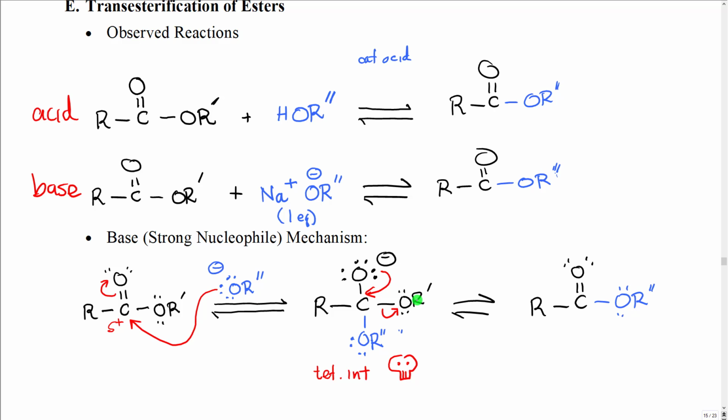So sometimes OR' would be pushed out, sometimes OR'' would be pushed out. In fact, probably what we're going to need to do is put in something to encourage the equilibrium to shift to the right. So for example, we might run this in the protonated alcohol as the solvent.